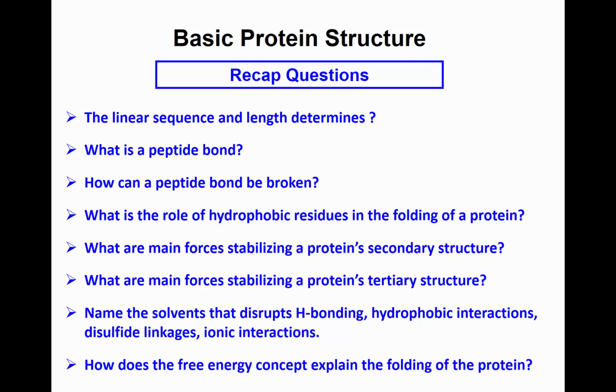How about ionic interactions? What would break them? Go ahead, in the back. Salt solution. If you add NaCl or ammonium sulfate, the positive ion will react with negative charges on the protein, and the negative ions will react with the positive.